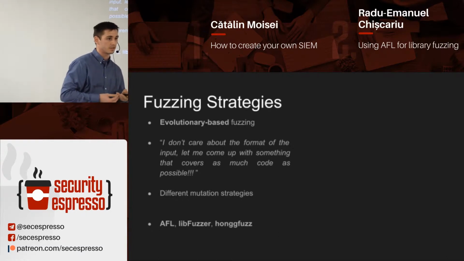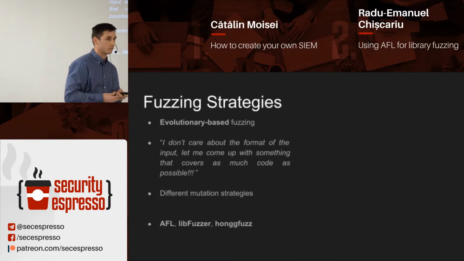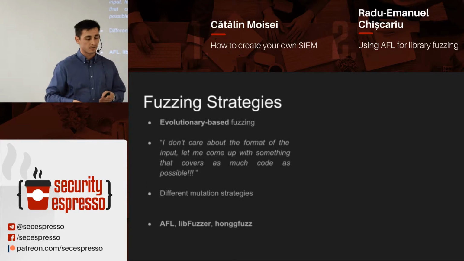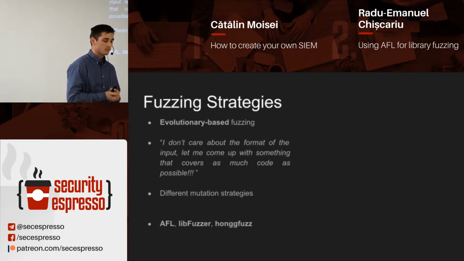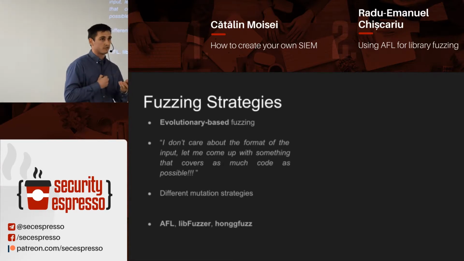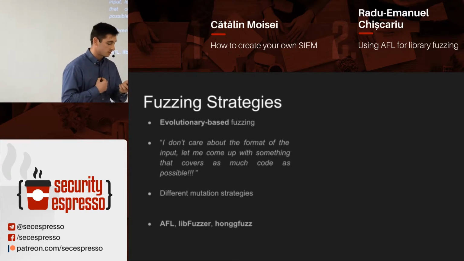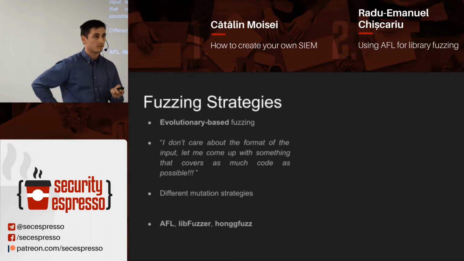If we have an application that accepts an input and does some kind of conversion and parsing of that input, then with evolutionary based fuzzing we will be oblivious of the file format, and we will just try to come up with it along the way, so to speak. We use different mutation strategies to reach as far into the code as possible. The current state of the art is held by tools such as American Fuzzy Lop, libFuzzer, and HonggFuzz, something developed by Google.